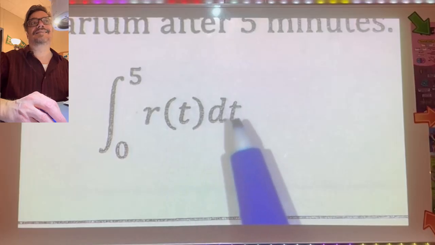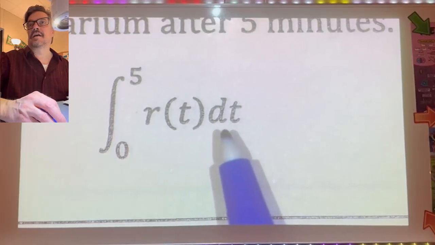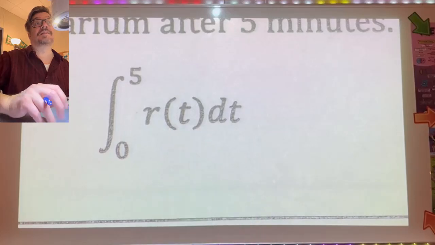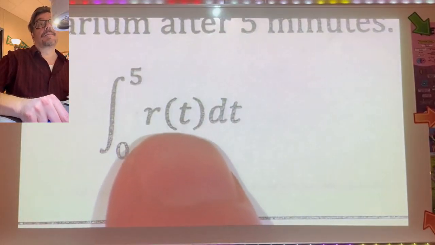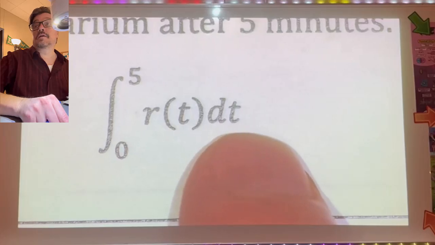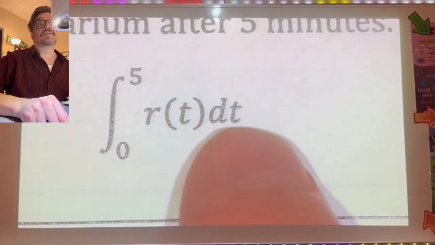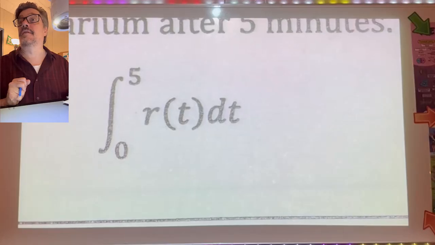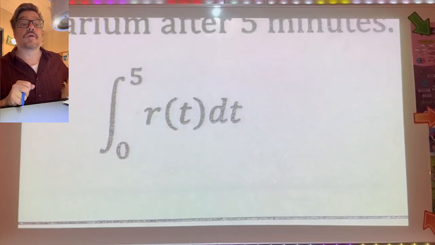Now, do you guys see this dt attached? Yeah. That's part of the game. We're going to investigate why this works, but this basically is the height or the length times the width, and we're going from 0 to 5. That's the symbol going forward.